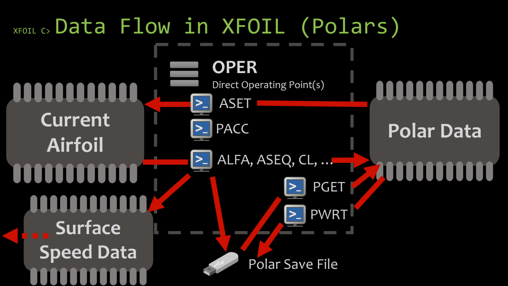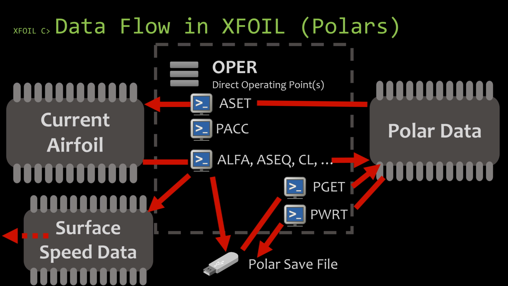Now, of course, there's some other interaction between pieces, because after you perform an analysis, the results of that analysis are also stored in local memory, in the polar data memory, and the surface speed memory. And there's some other functionality there. You can save this polar data to a file on your computer.